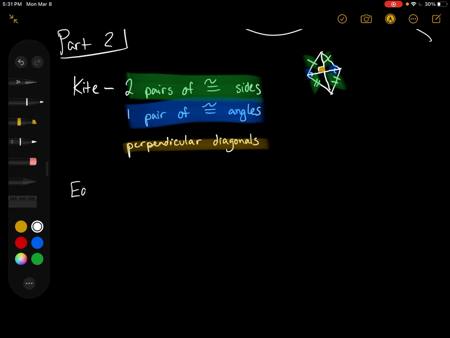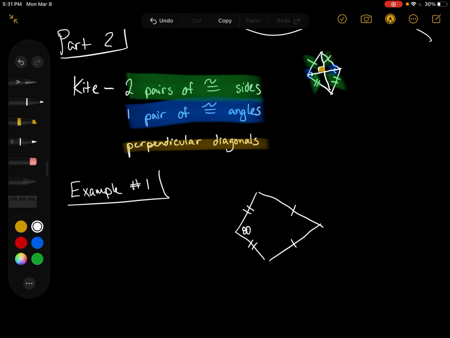So what are some common example type questions that we might see for kites? So the first type of thing that we might see is as follows. Maybe this time the kite is kind of on its side. So there are the pairs of sides.